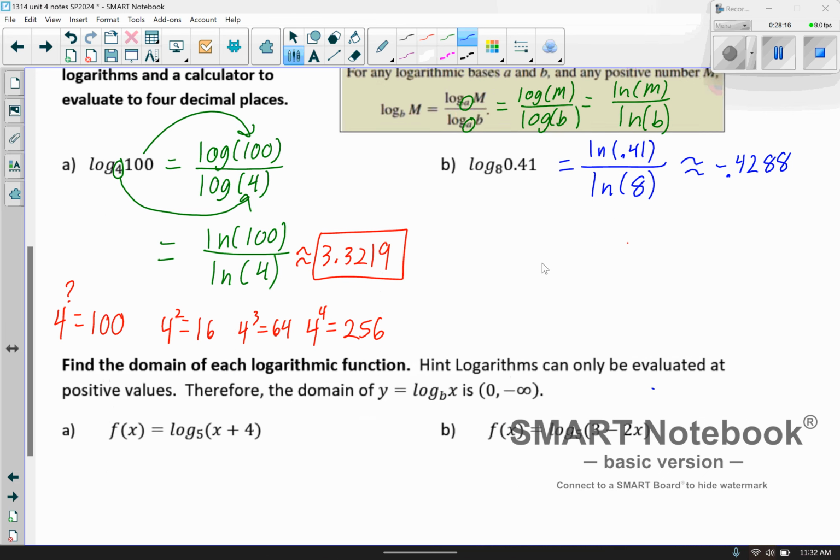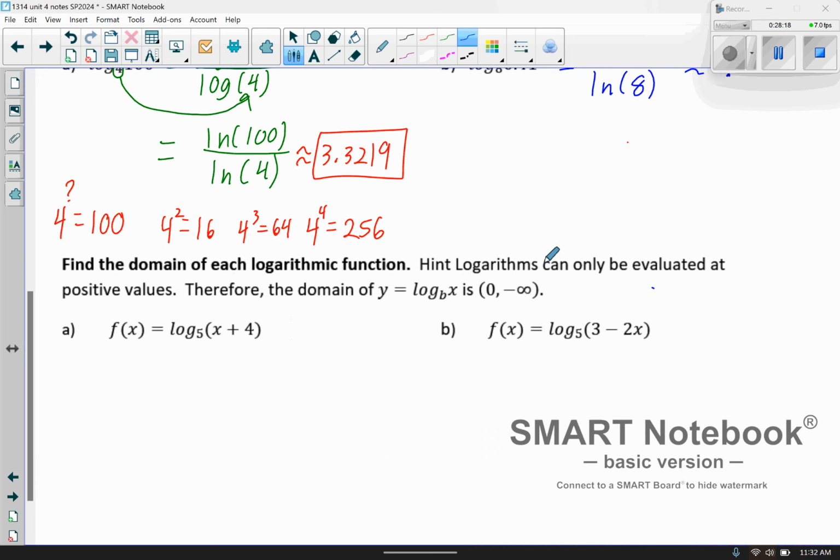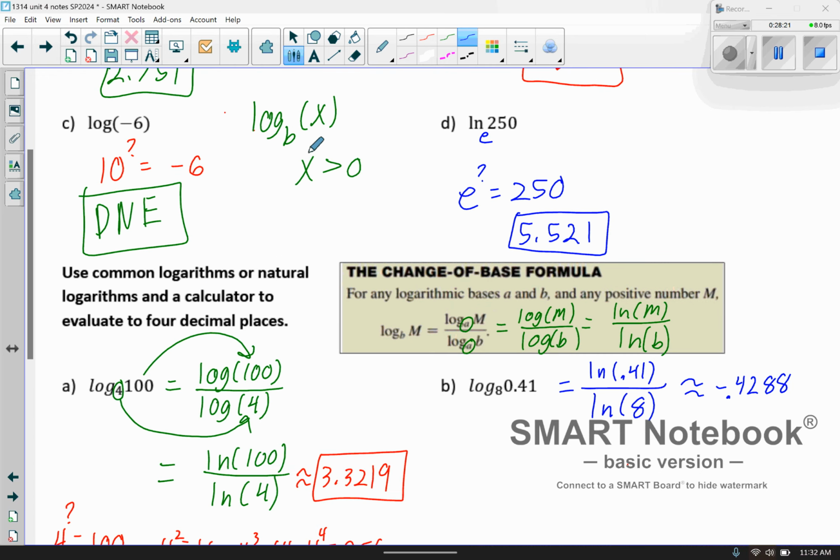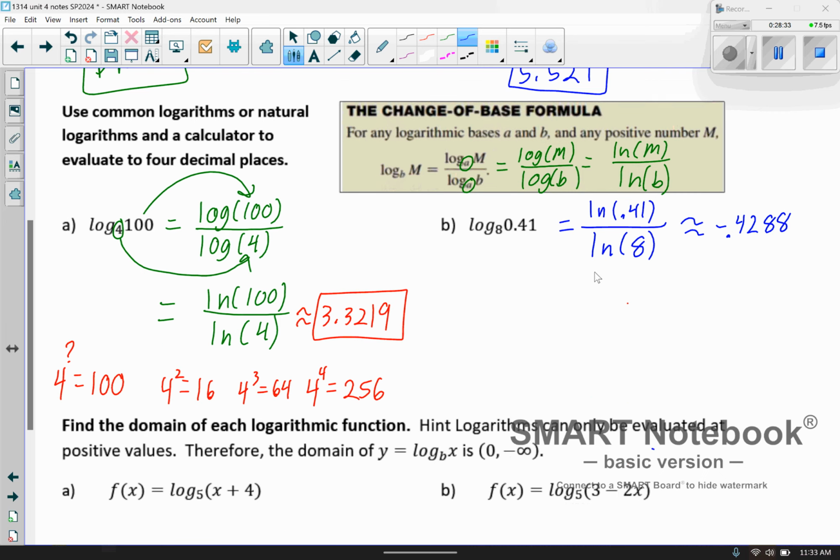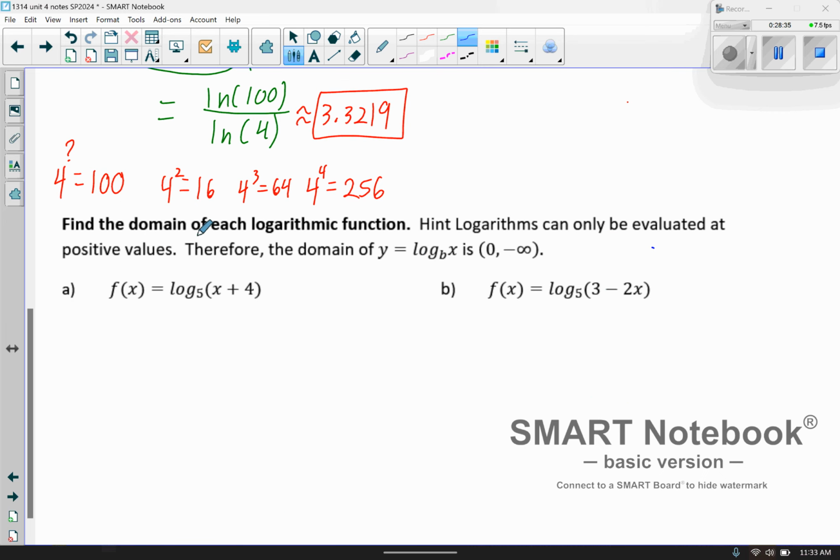Okay, so the last thing we need to talk about, I kind of already addressed this up here, is that when we evaluate a logarithm, whatever you're evaluating here has to be greater than 0. This is going to lead us into the next video in a moment. What we're going to do here is find the domain of each logarithm function.